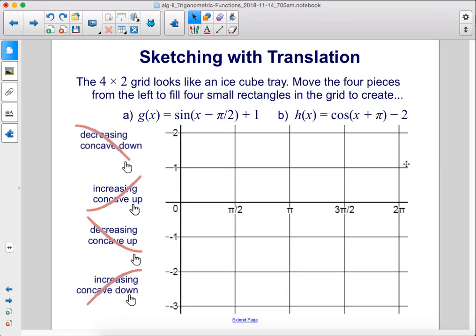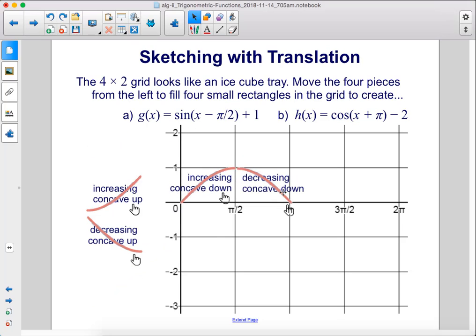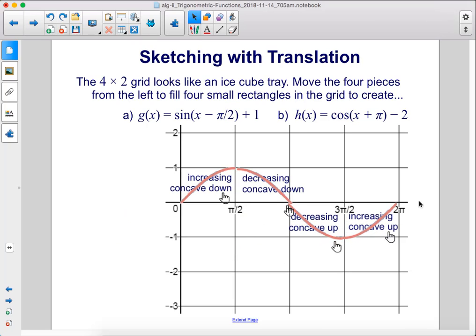The 4x2 grid looks like an ice cube tray. Move the 4 pieces from the left to fill 4 small rectangles in the grid to create these two functions. We're going to start out with a sine wave. So let's draw in our basic sine wave. Alright, so this is sine x. We want sine x minus pi over 2.